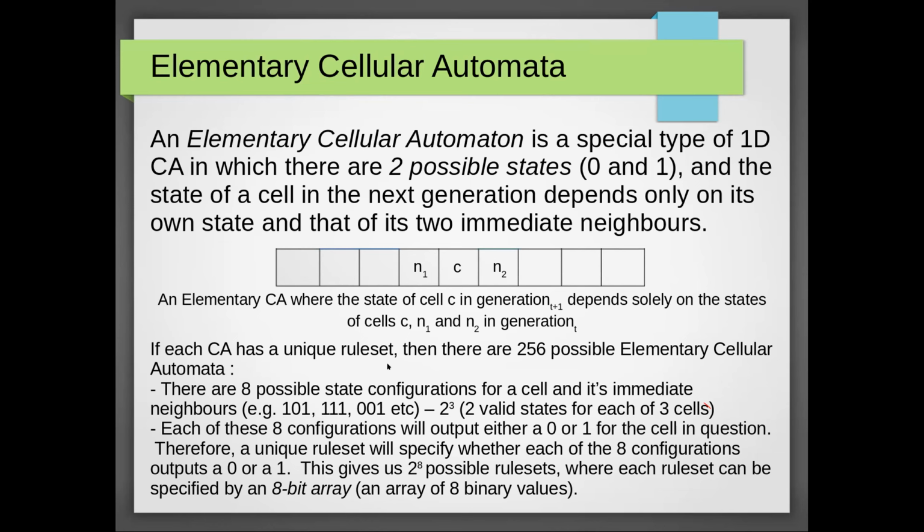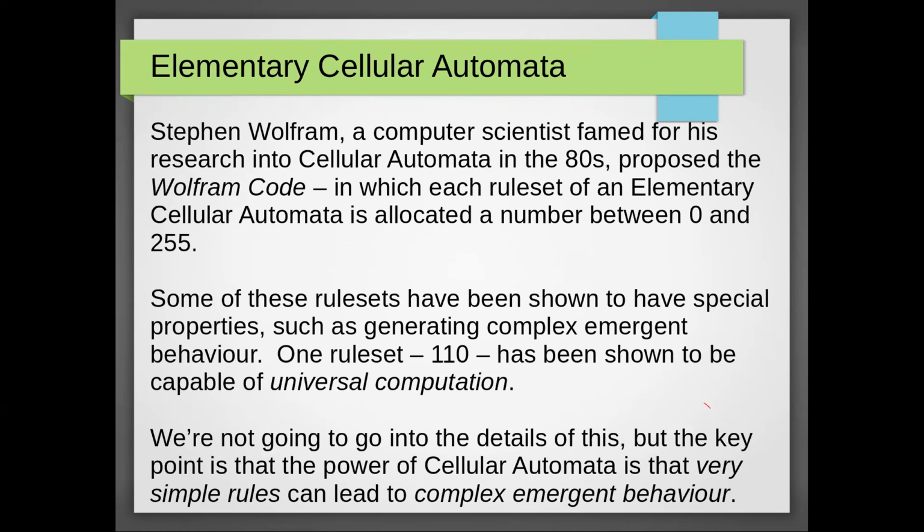Each of those 8 configurations will output either a 0 or 1 for the cell in question for its evolution into the next generation. So a unique rule set will specify whether each of those 8 configurations outputs a 0 or a 1, which gives us 2 to the power of 8 possible rule sets, which is 256, where each rule set can be specified by what's known as an 8-bit array, which is an array of 8 binary values. Don't worry too much about the maths, just know that that's why there are 256 of them.